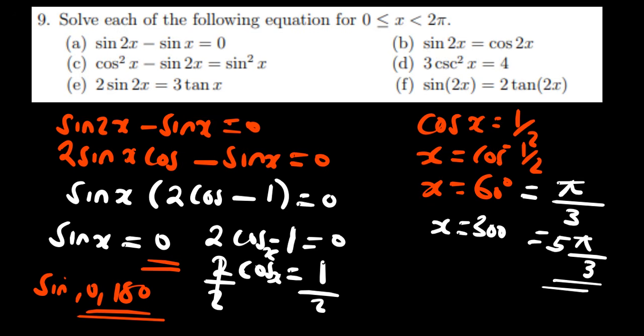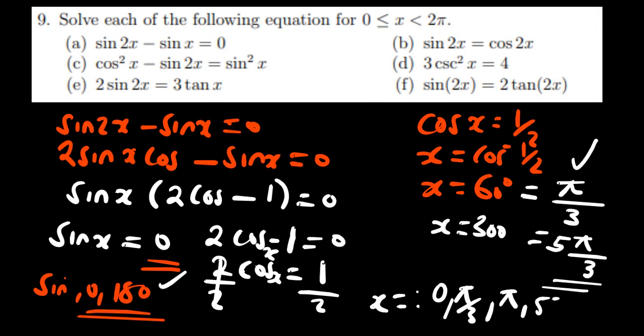Therefore our answers are: x is equal to 0, x is equal to 180, and x is also equal to 60. Let me put them in order. So pi over 3, which is 60, then what comes is 180, which is the same as pi, then 300, which is 5 pi over 3.